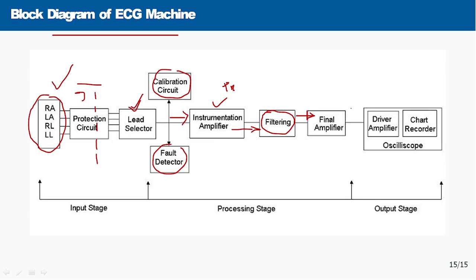Then we can take this amplified signal for processing using a microprocessor or computer. Before that, we can connect an analog to digital converter. Then the digital bits will be sent for processing to the microcontroller, or we can directly send the signal to a chart recorder or oscilloscope to record it.